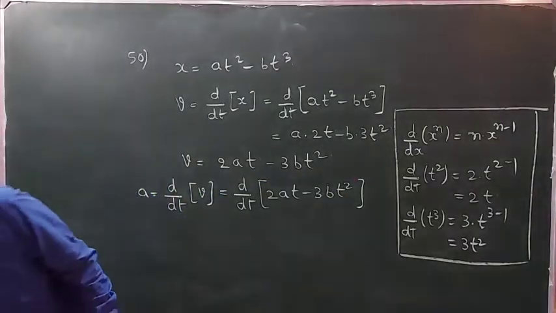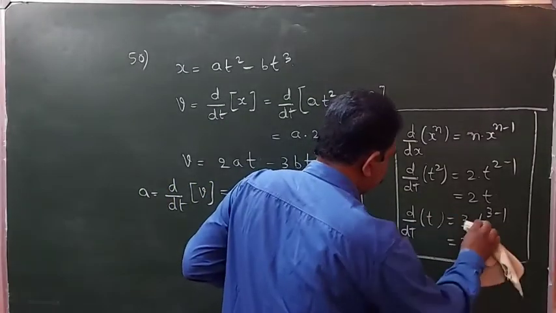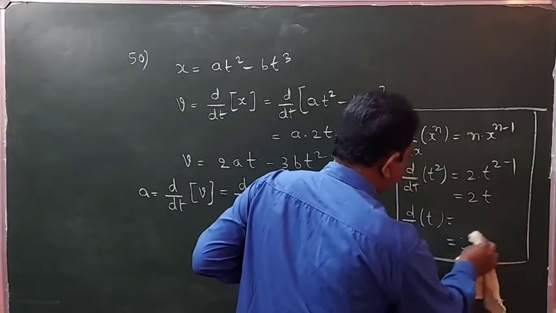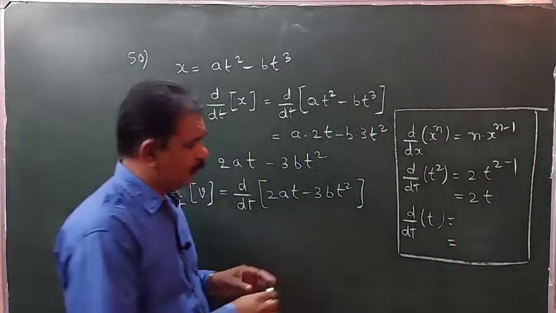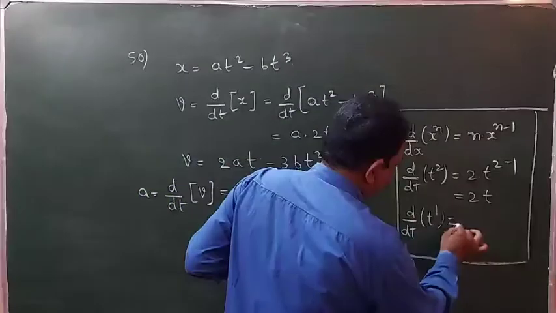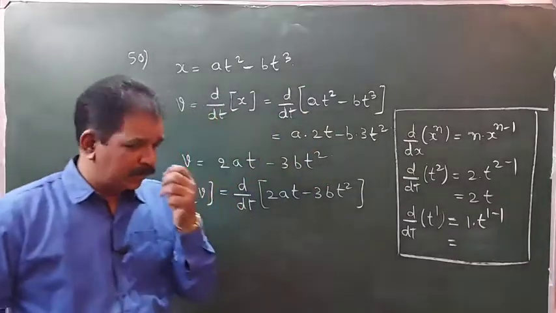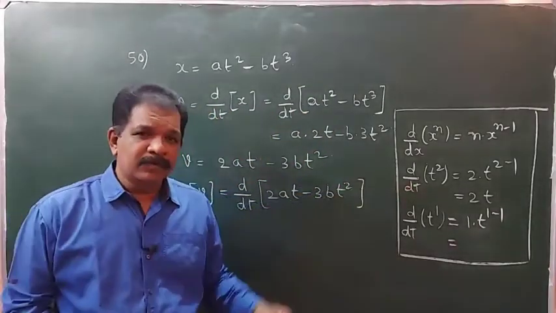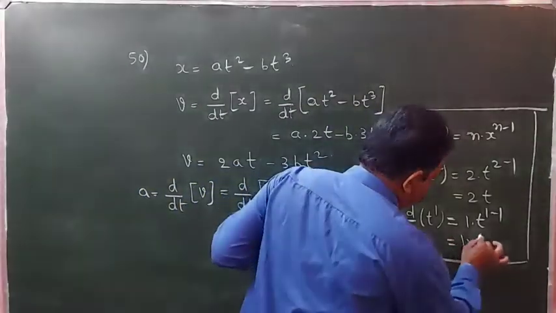Here if I take t, how much will we get? T means t power 1. So 1 into t power 1 minus 1. T power 1 minus 1 means t power 0. 1 into t power 0.